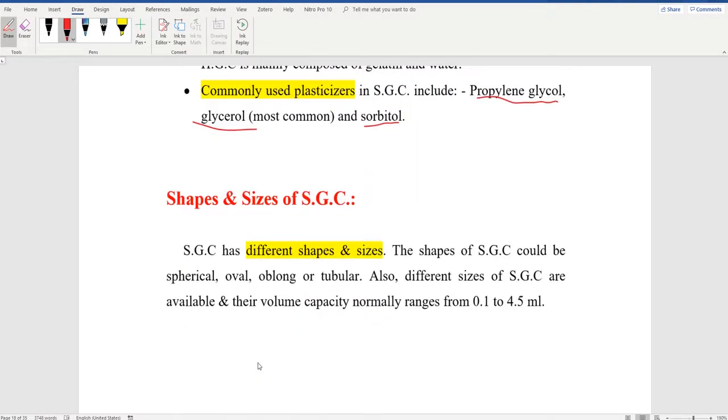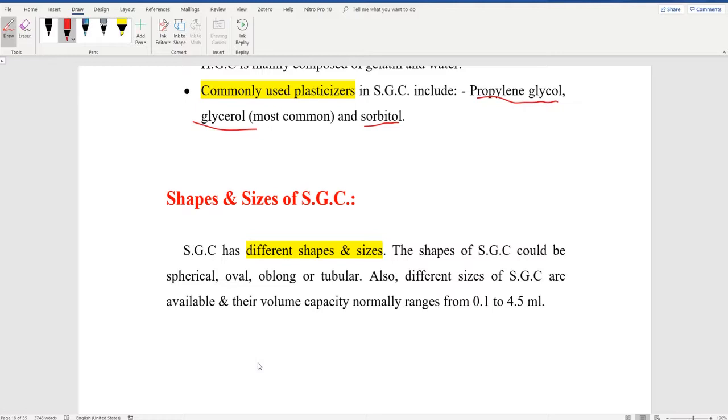Okay, what about the shapes and sizes of soft gelatin capsules? Remember, hard gelatin capsules are almost the same shape almost all the time, except in special products. In soft gelatin capsules, no, you can have many different shapes.